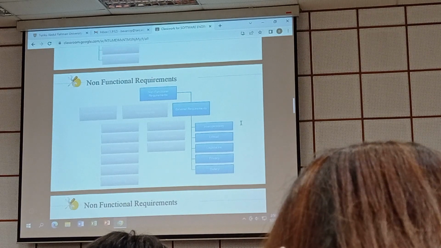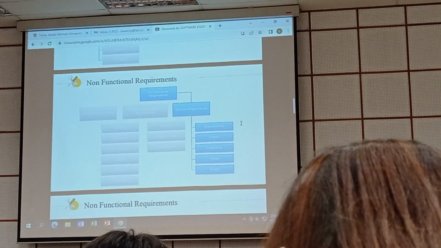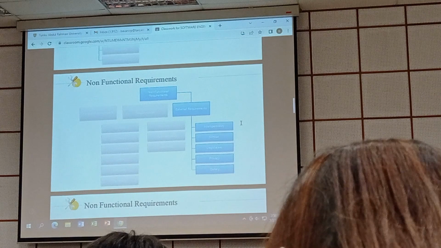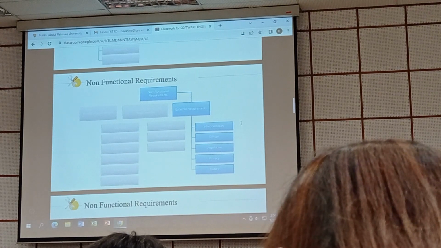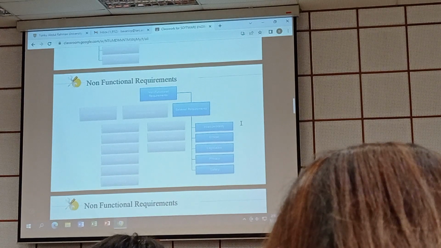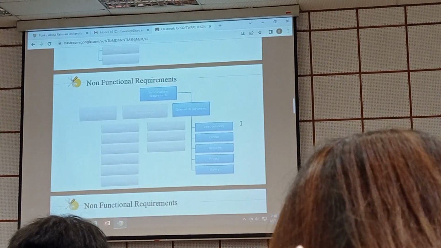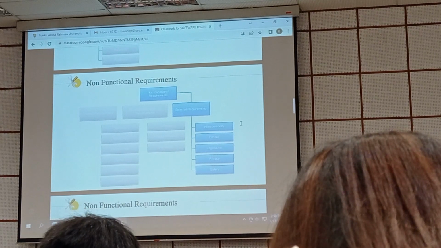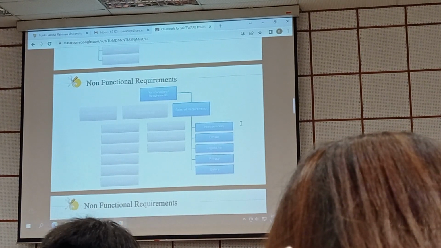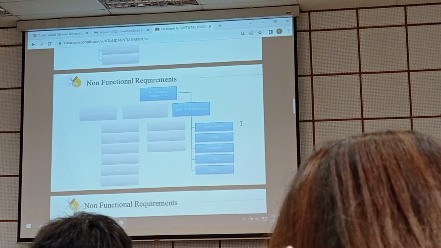Then what about the other two? Who is going to explain? This is what all the students normally do. You are mistaken. When people say non-functional, you only list the product requirement, and you forget to explain the external and organization requirements. So this is what you have to answer.